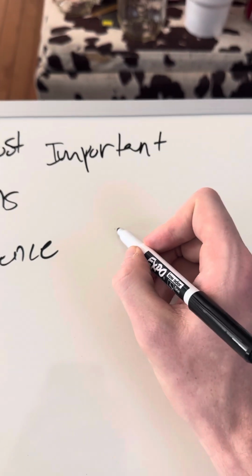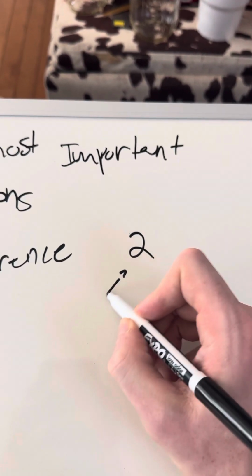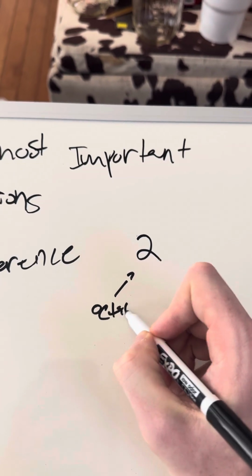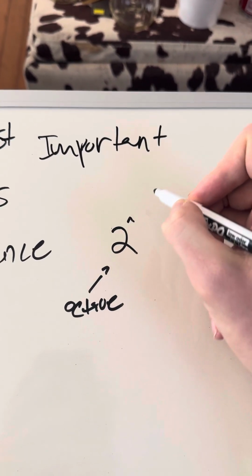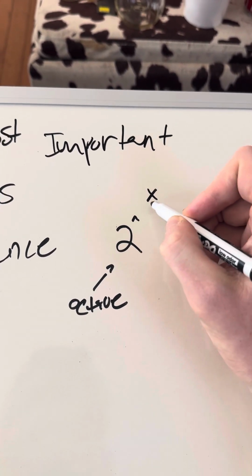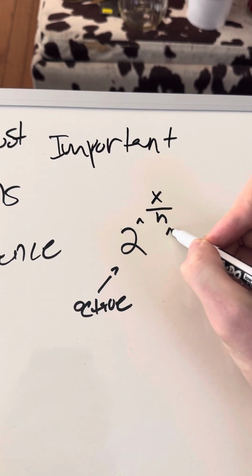And so this is going to look like 2, because this is the octave, to the power of x over n.